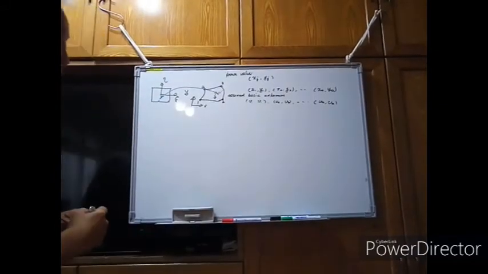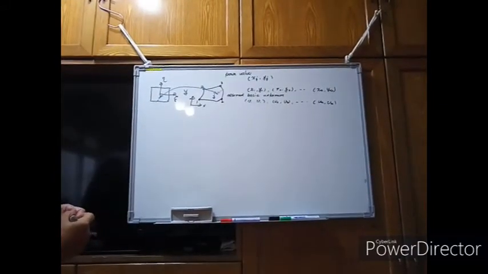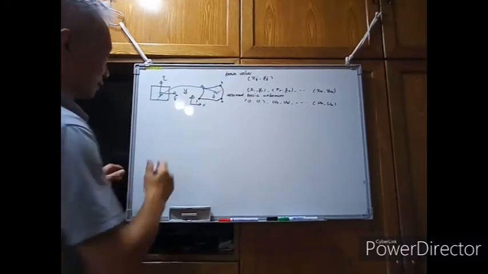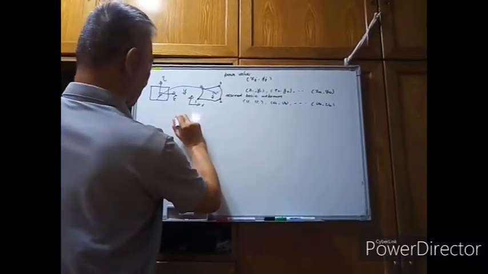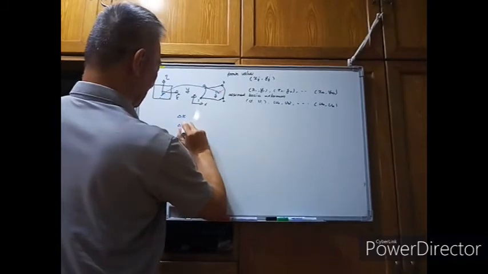Okay, so if the xj bar and the yj bar are different from the input xj and yj, then we can calculate the delta x and the delta y.